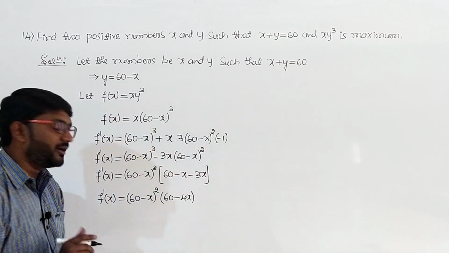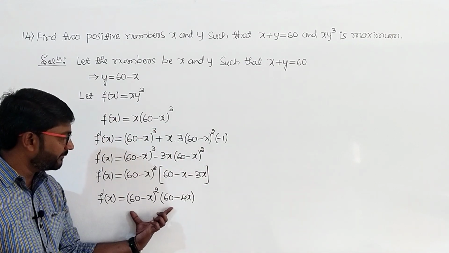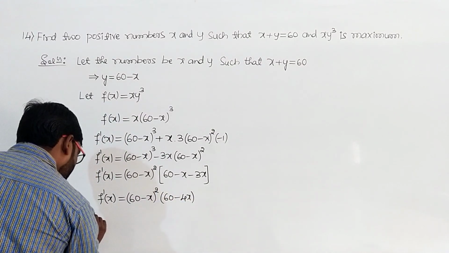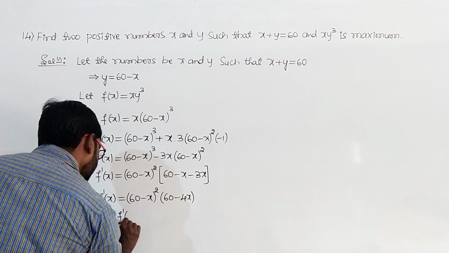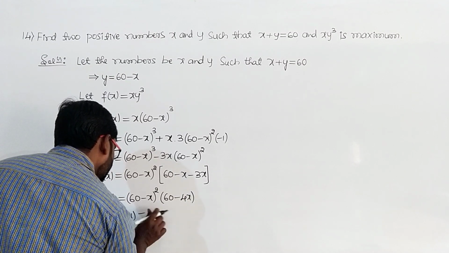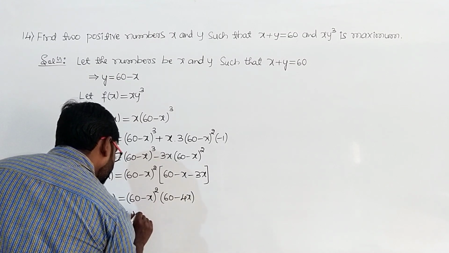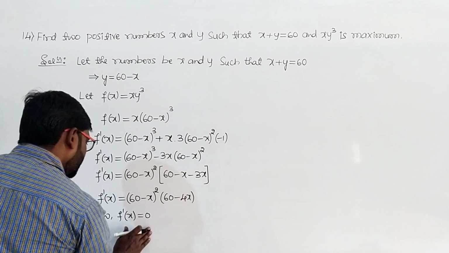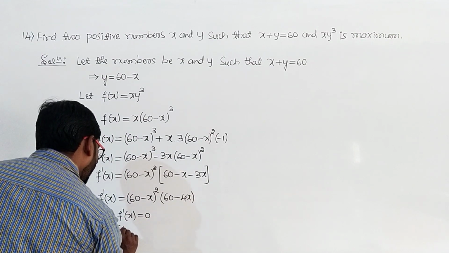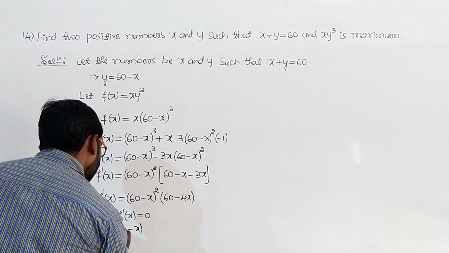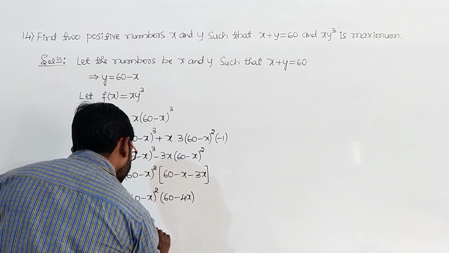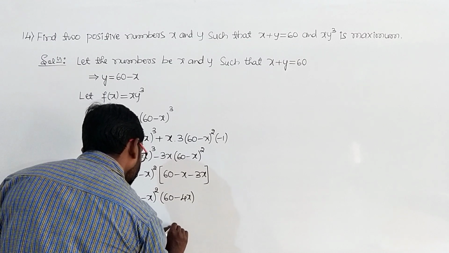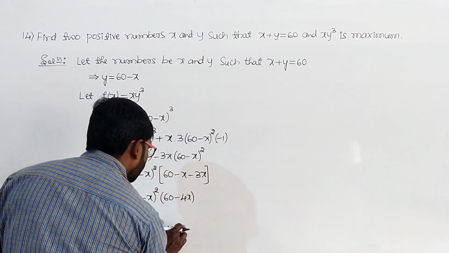Now to get the critical point, we have to equate this with 0. f dash of x equal to 0. So what we get here? 60 minus x the whole square into 60 minus 4x equal to 0.